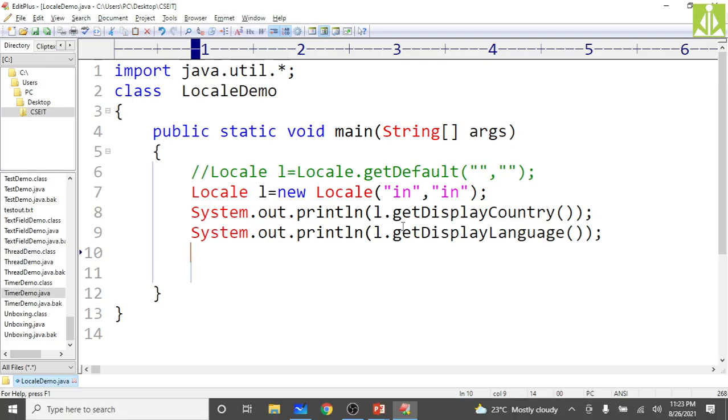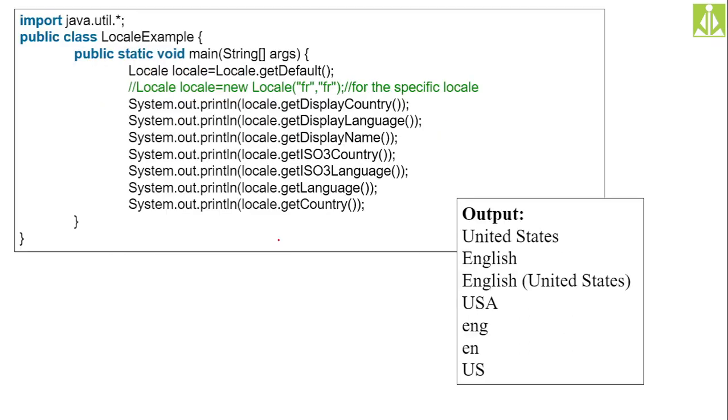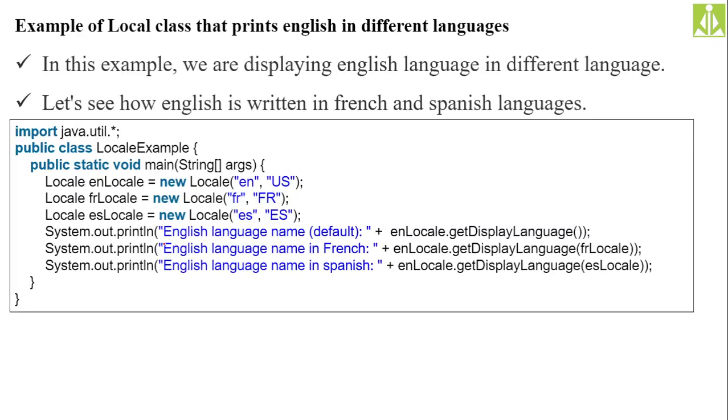In that way you can achieve internationalization. Here they have created different objects, for US one object, for France one object, and for one more country, ES, and they do some manipulations to get the output. You can practice this program to get the output.